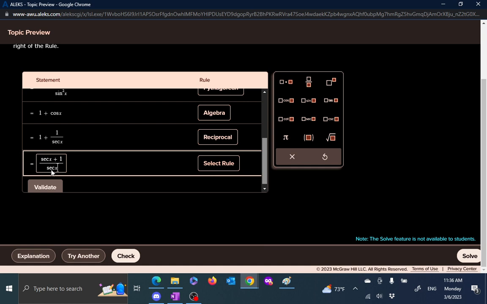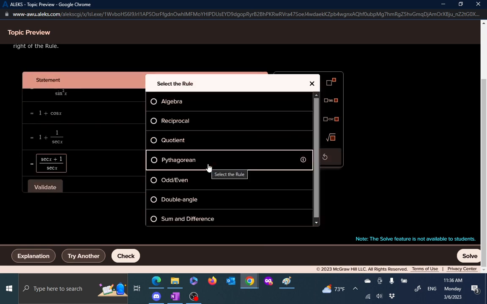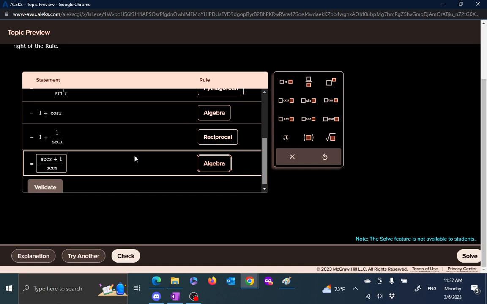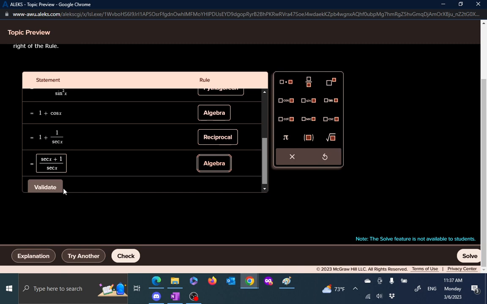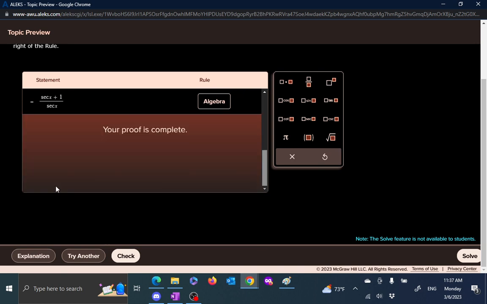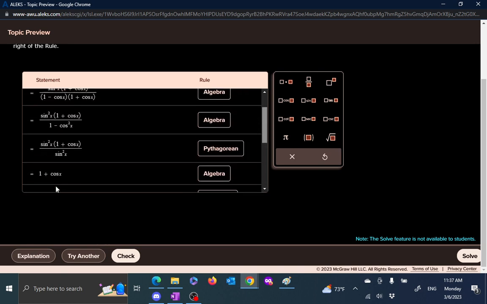So we took a common denominator. What is that activity? That is just algebra. That should conclude everything. And okay, hopefully it's concluded.